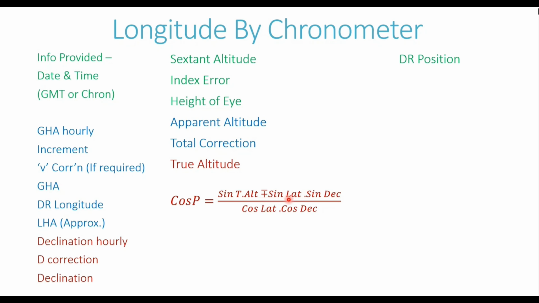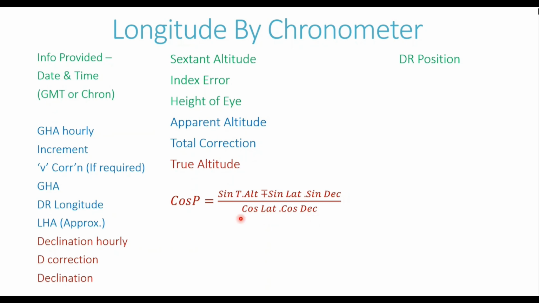The latitude used in the formula is the DR latitude. DR latitude is available to us as the DR position is known. Then we have declination, which has been calculated from the almanac information. We have the accurate declination with us. In the denominator, again, we have the latitude, for which we use the DR latitude, and the declination, which is known to us.